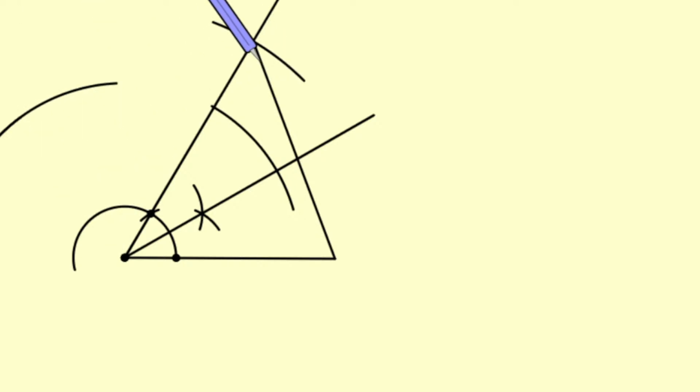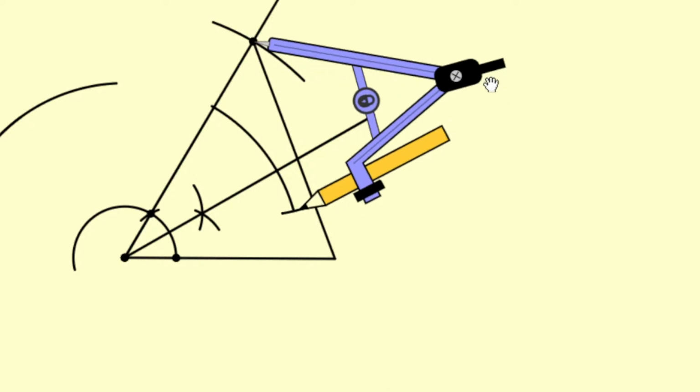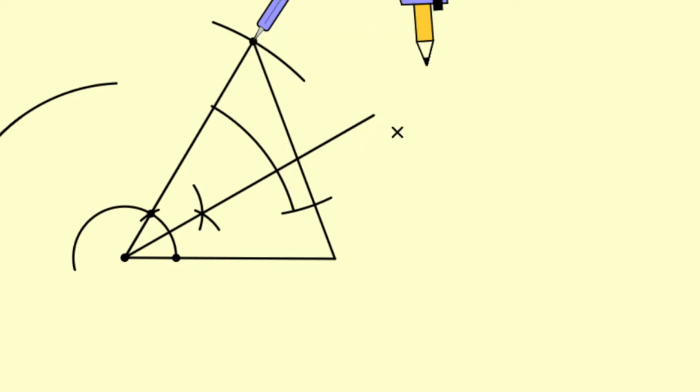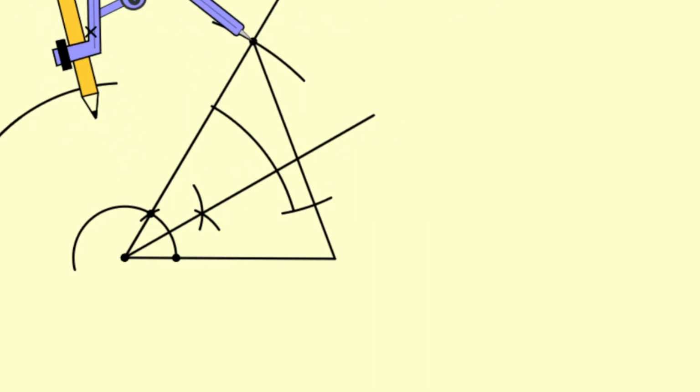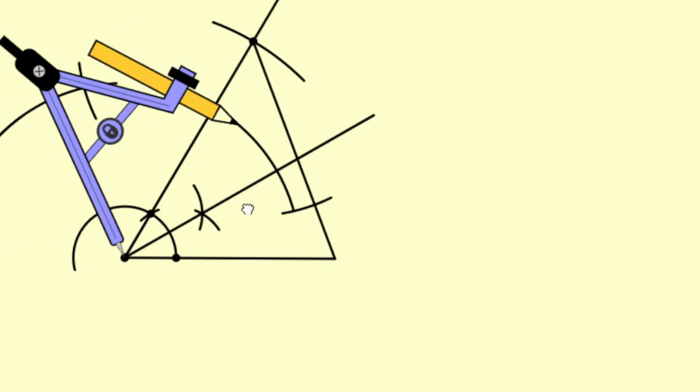Same with point A as center. We'll keep our compass at point A. One arc at the left side and one arc at the right side of line segment AB.